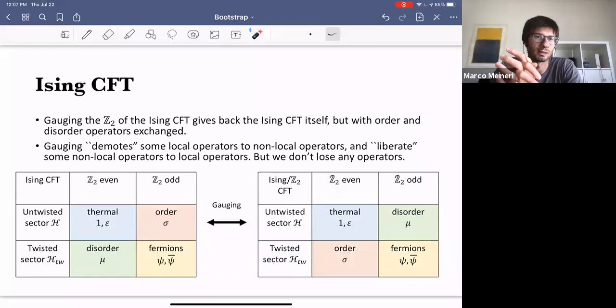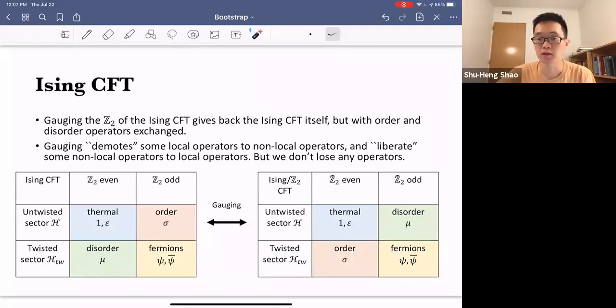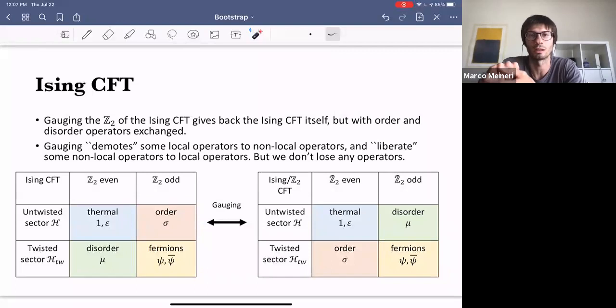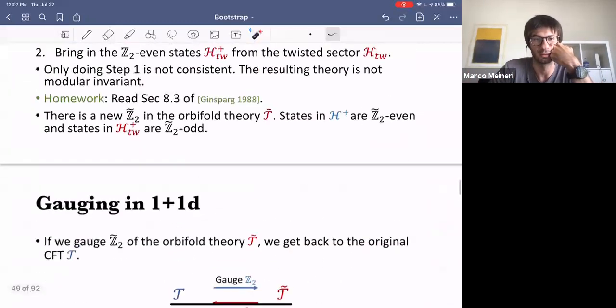Is there, for instance, a partition function proof of this fact in general, that you get back the same dimensions? And also, this is a necessary condition, but I don't know if it's sufficient. Could it have happened that you gauge this new Z2 and you go into something else, which is not the original theory, in which maybe the operators are the same, but I don't know, the OPE coefficients are different? How do we prove that this is an involution?